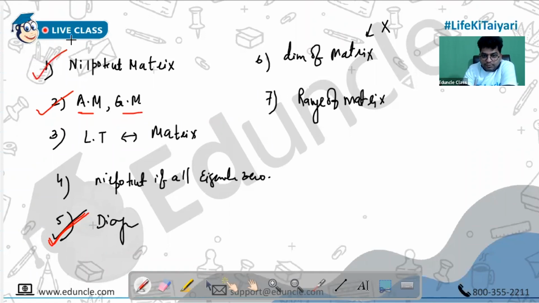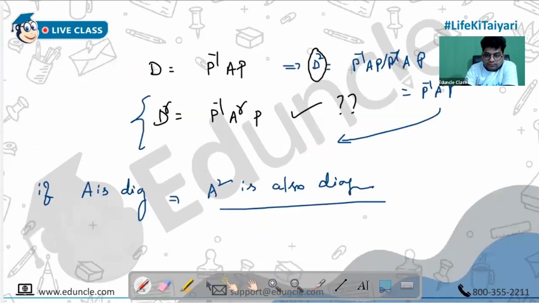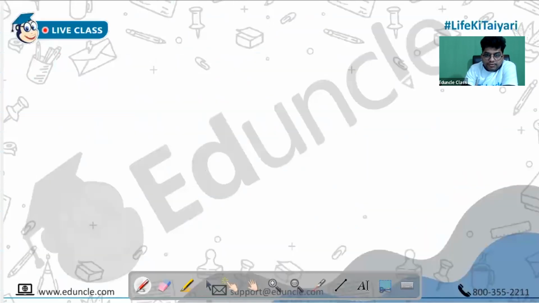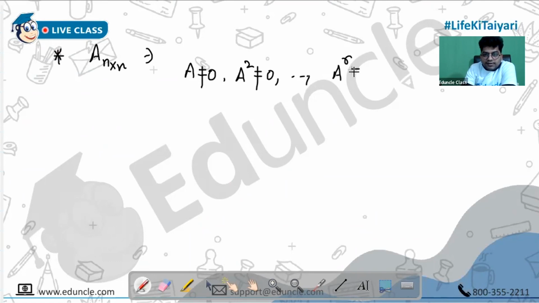Nilpotent matrix. Let A be an n cross n matrix such that A is non-zero. Though the zero matrix is always nilpotent, we are taking a non-zero matrix. A square is also non-zero, A to the power r minus 1 is also non-zero, but A to the power r is 0.